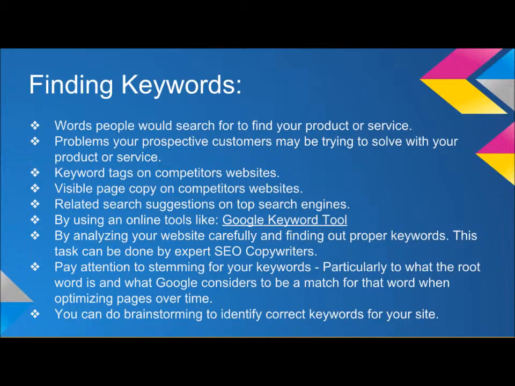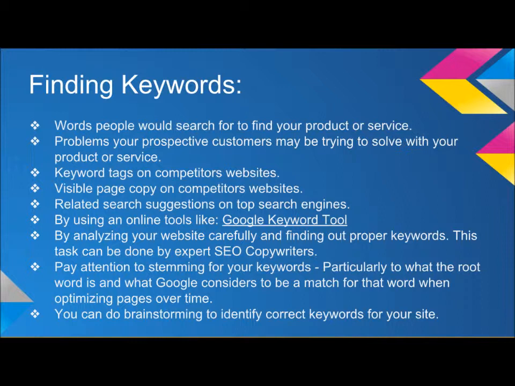There are many websites, like MOZ and others, which can tell you what keywords your competitors are using, and where and in what blogs they are using them. So you can go and find out. Visible page copy on competitors' website.